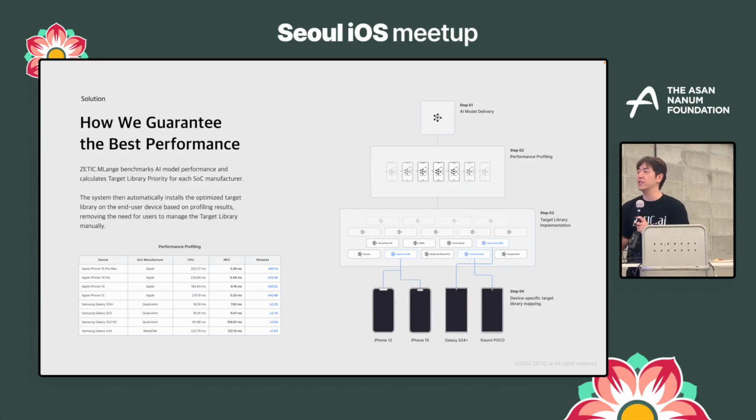And this is the key: how we utilize the best performance of on-device AI. I already told you that even though the target software is runnable on the target devices, the actual runtime inference performance differs by model architecture.